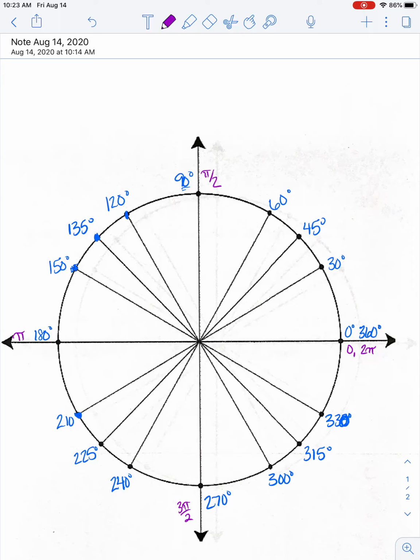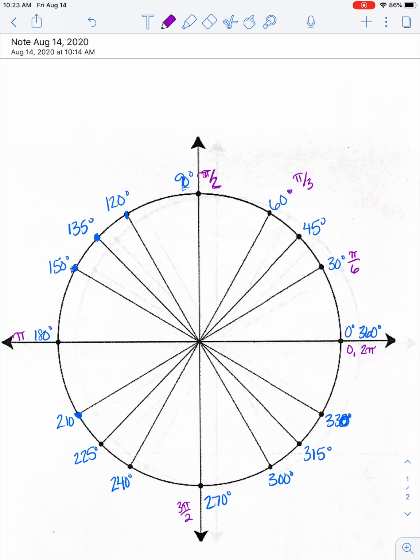Okay, now I'm going to walk my circle in sixths. So I have 1/6. This next one, this 60 degrees, is 2/6, but I'm going to reduce 2/6.